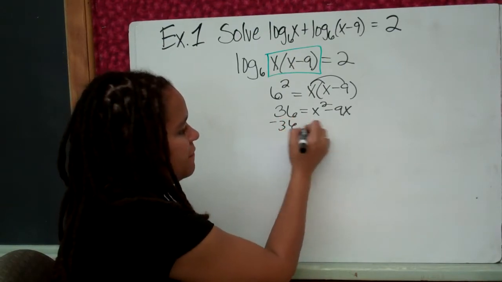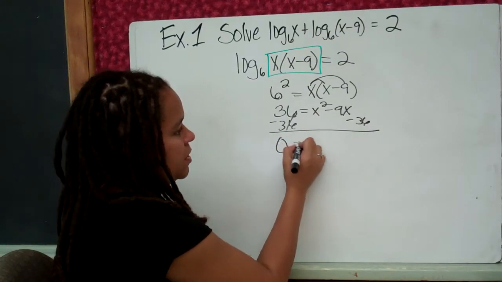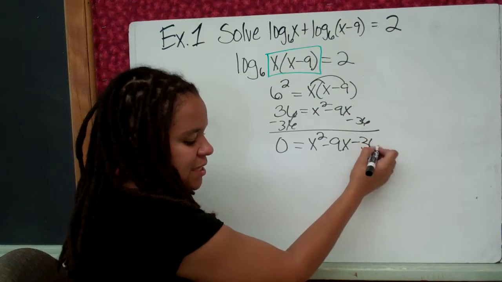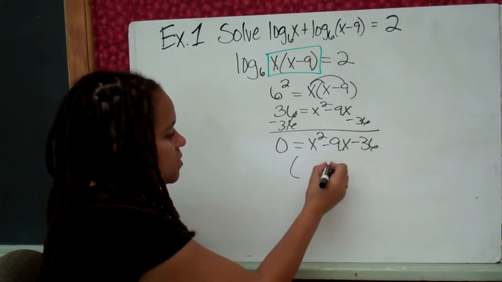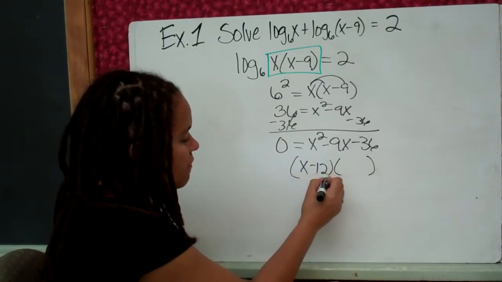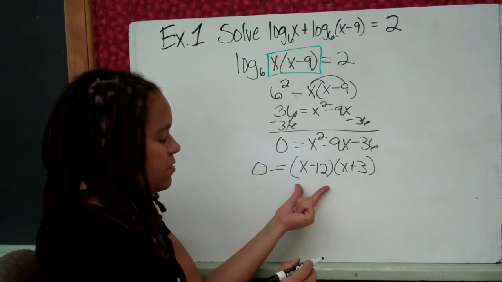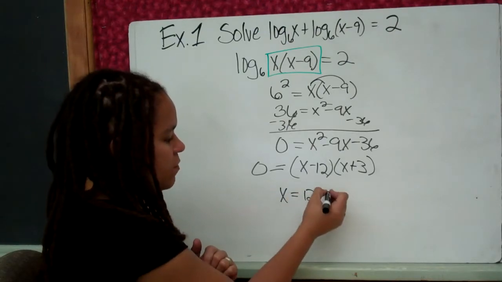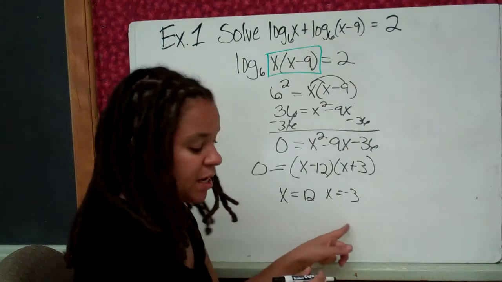So we would have 0 is equal to x squared minus 9x minus 36. Now let's factor it and solve. I can factor x squared minus 9x minus 36 into x minus 12 times x plus 3, each set equal to 0. One answer would be 12 and the other would be negative 3. So those are my two answers.